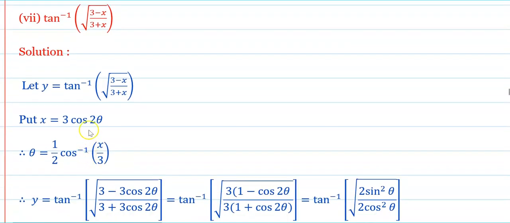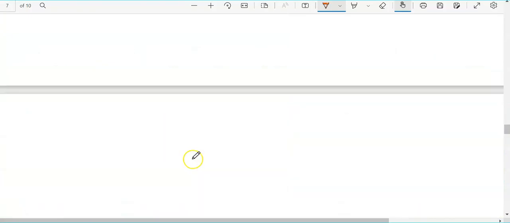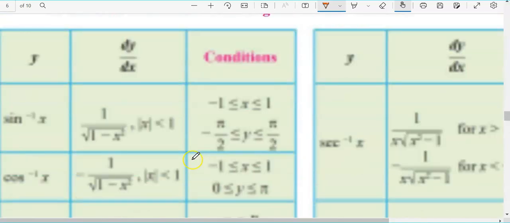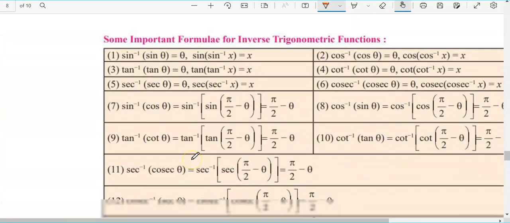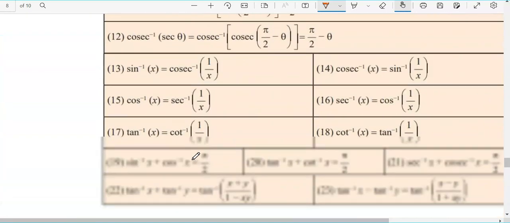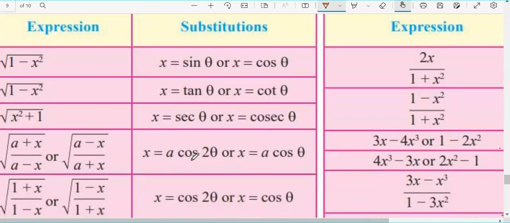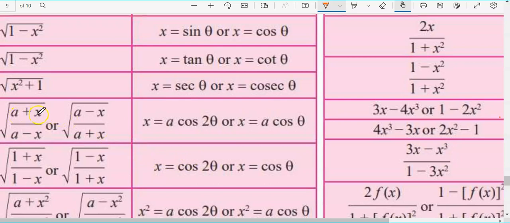Now the next problem: tan inverse of the square root of 3 minus x upon 3 plus x. Now see here, what type of substitution? We have the list of substitutions. For root of a plus x upon a minus x, or root of a minus x upon a plus x, x is equal to a cos of 2 times theta.